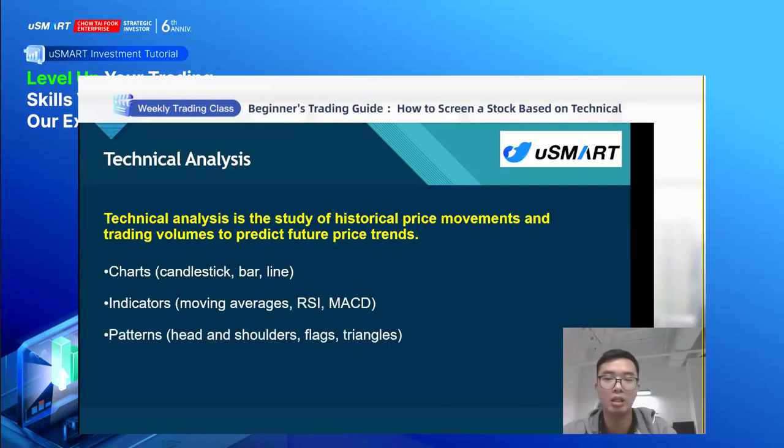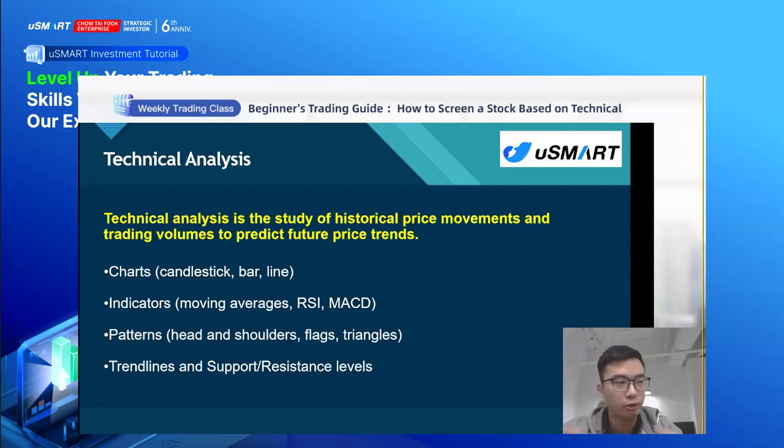Next, in technical analysis, we will also use chart patterns. We see certain types of chart patterns, and then we trade using the chart patterns. We determine the entries and the exits. Lastly, we also use trend lines in technical analysis. A trend line is used to determine the major direction of the markets, such as long-term uptrends.